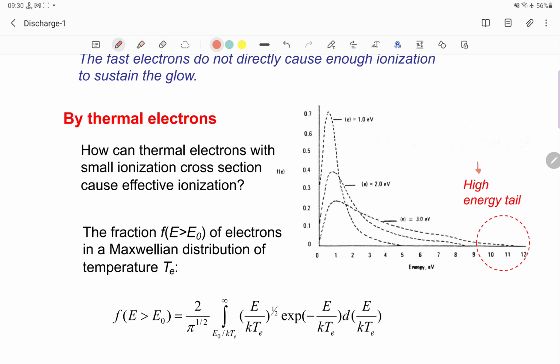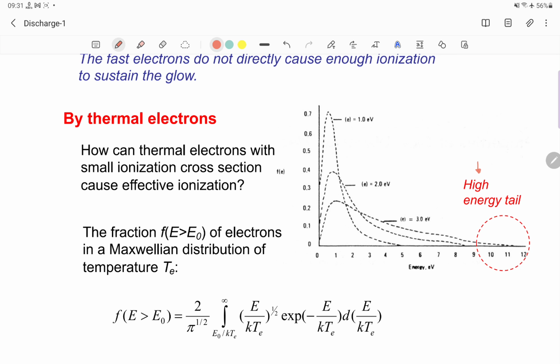If we ionize argon, the neutral argon atoms become argon cations and electrons, so that we generate electron and ion pairs.